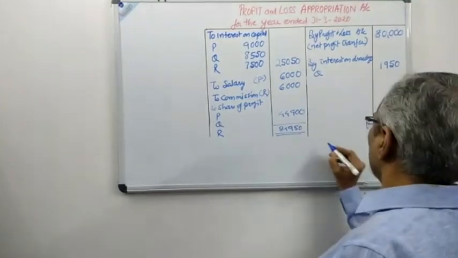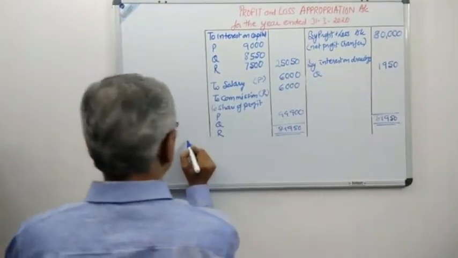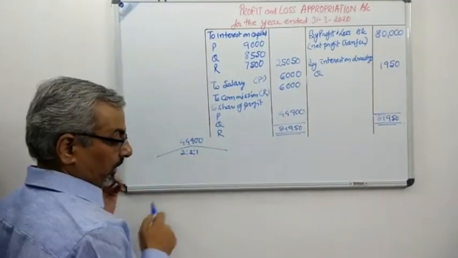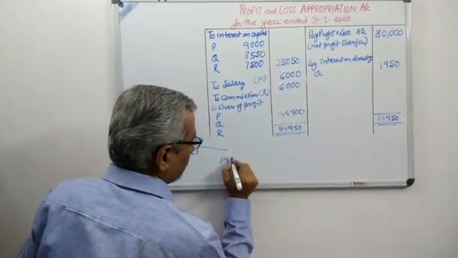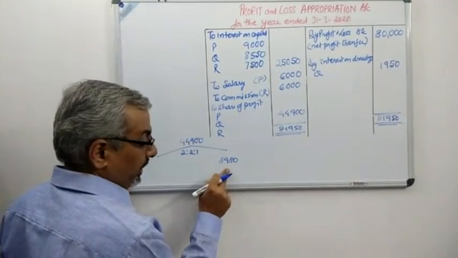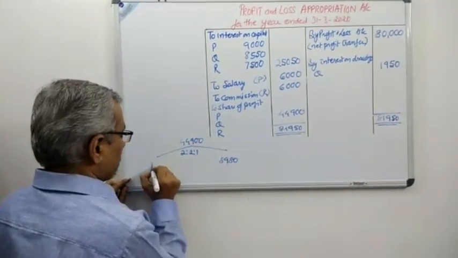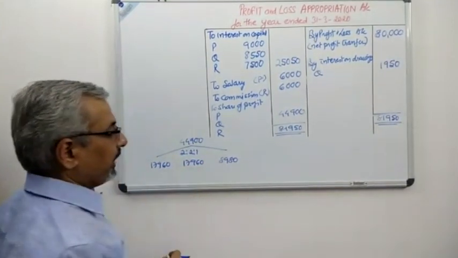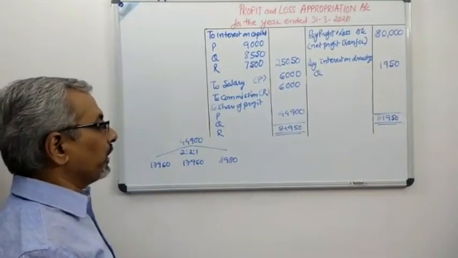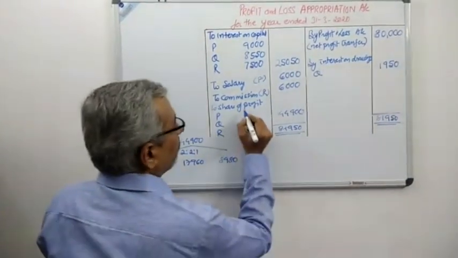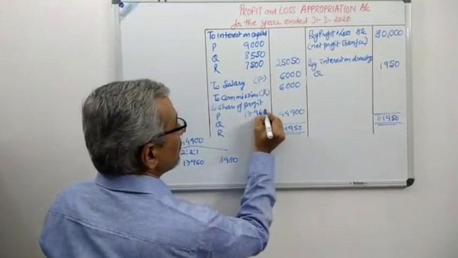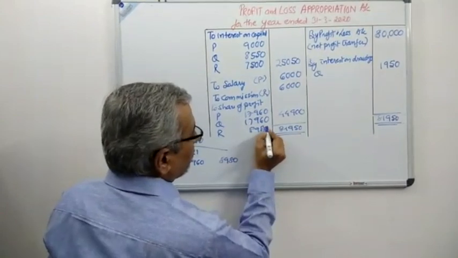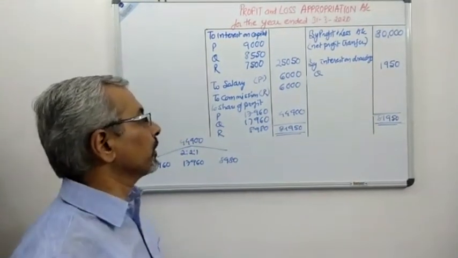Okay, so we have over here 44,900 in 5, we get a figure of 8980. 8980 multiplied by 2 will get 17,960, 17,960 and 8,980. So this is how the profit will be distributed among the partners. So 17,960, 17,960 and 8,980. This is how the profit is distributed among the partners.